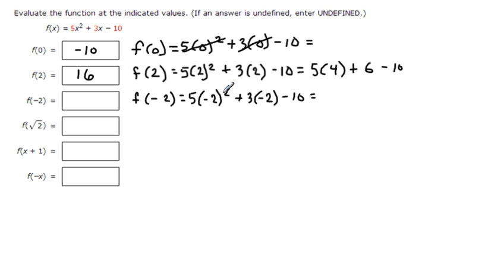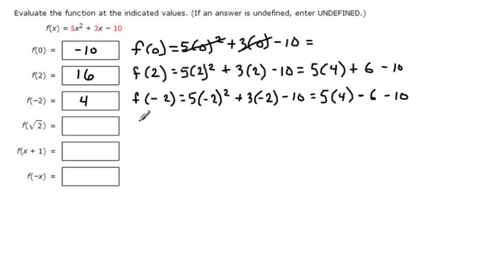Now, negative 2 squared is going to be the same as positive 2 squared, so our first term is still going to come from 5 times 4. 3 times negative 2 is negative 6, and we still have the negative 10. So 5 times 4 is 20. 20 minus 6 is 14, and 14 minus 10 is positive 4.